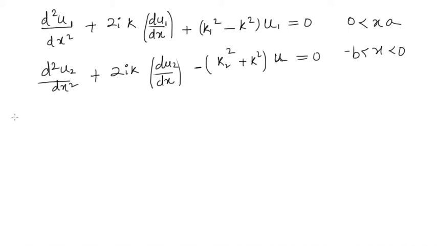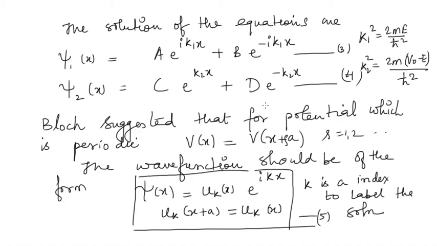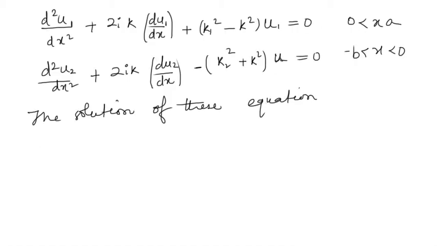Okay, the solution of these equations would be the same: the oscillatory solutions and the exponentially decaying solutions. So my equation number was 5, so these are 6 and 7.